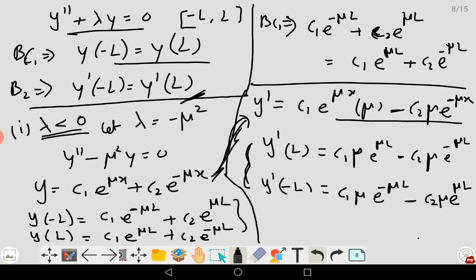Now when you equate these two, you get the second boundary condition.